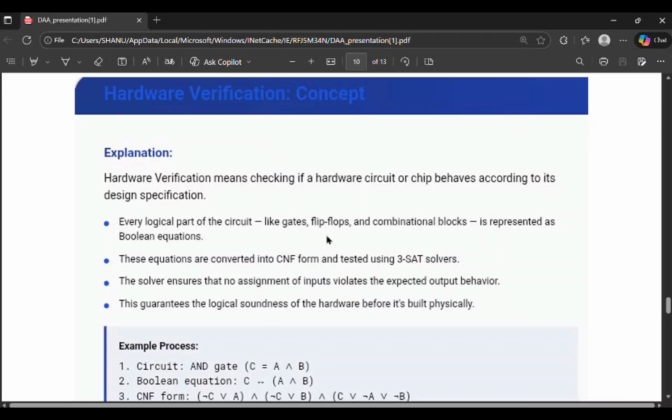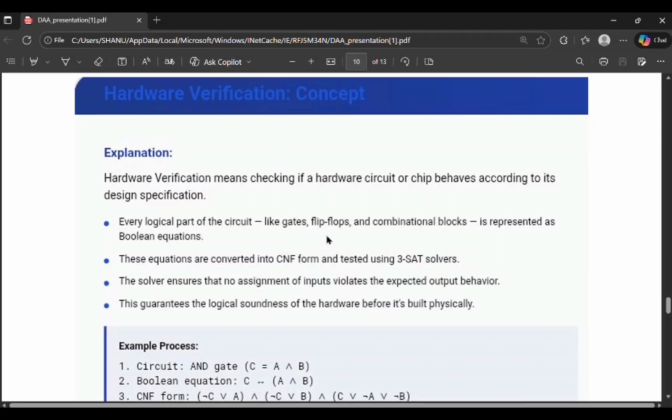The solver checks if there is any input that gives a wrong output. If no such input exists, the design is logically safe for the specifications. If an input exists, the solver gives that input as a counterexample for debugging.